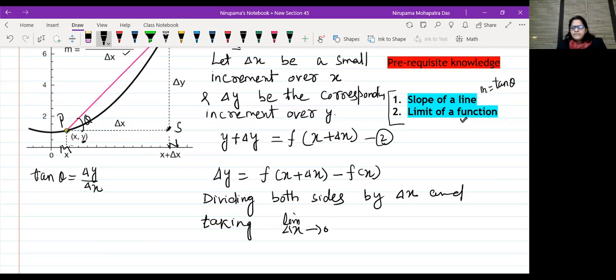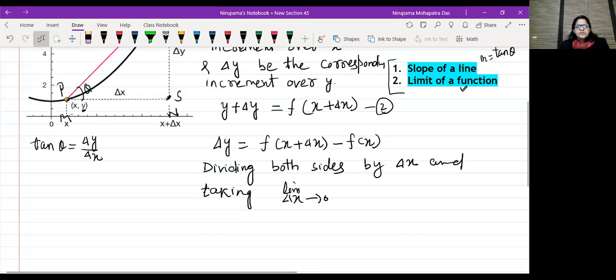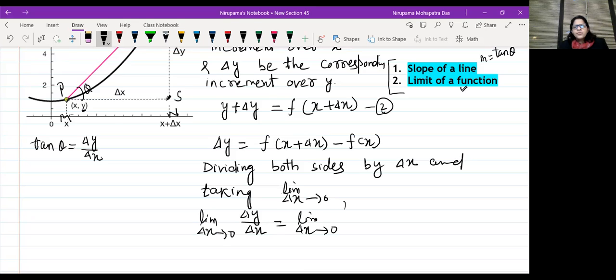So we can have limit delta x approaches to 0, delta y by delta x, equal to limit delta x approaches to 0, f of x plus delta x minus fx divided by delta x.